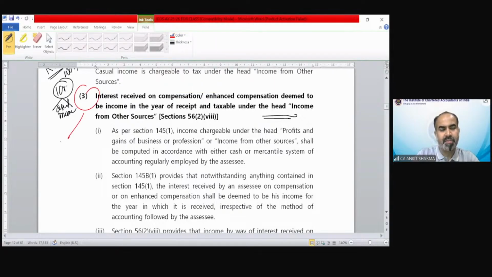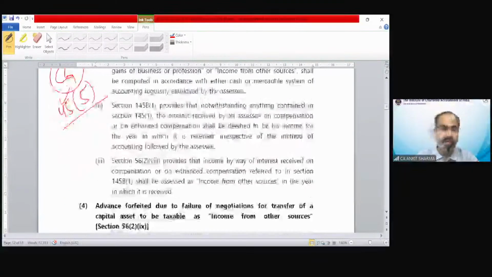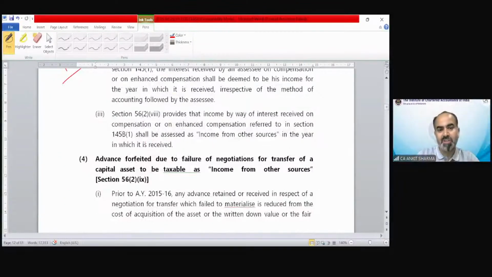So this is capital gain. We have already covered section 45(5). After that, advance money forfeited due to failure of negotiation, capital gain. Under section 51, we discussed that if the advance money has been forfeited on or before 31st March 2014, the cost needs to be reduced.